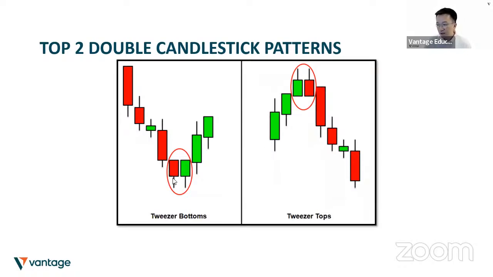Tweezer bottoms are that move towards the downside. It tried to go lower, closed off, and then the next moment it tried to go lower again, but ended up closing higher. Again, just to repeat, tweezer bottoms are when we see price tracking lower, right? The candle there could be an H1 or M15 candle. It started off at this point, tracked down, but then closed off halfway or about there.